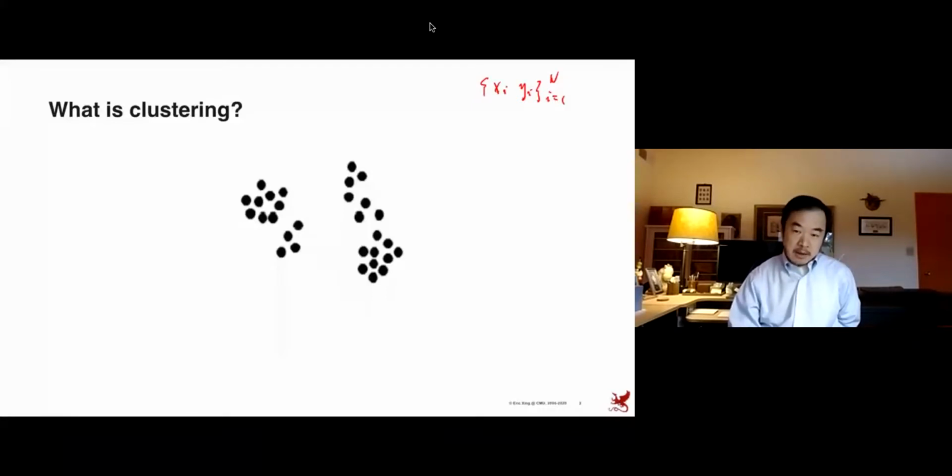Your goal is to learn a function of X which predicts Y. In here, if you look at this particular data set, I didn't give you any label, therefore your data points will be only the X.